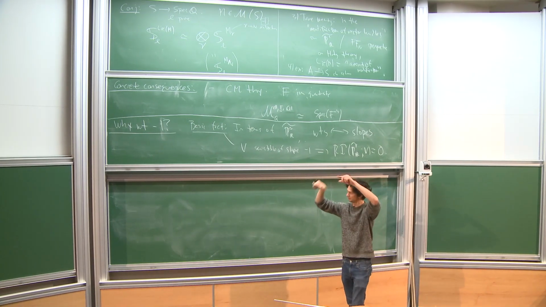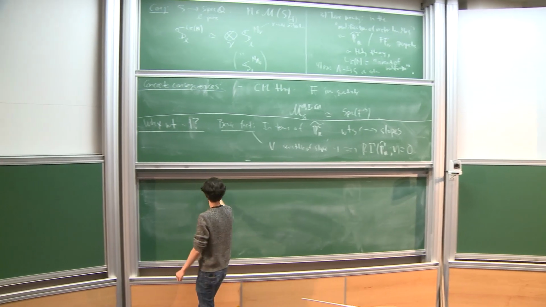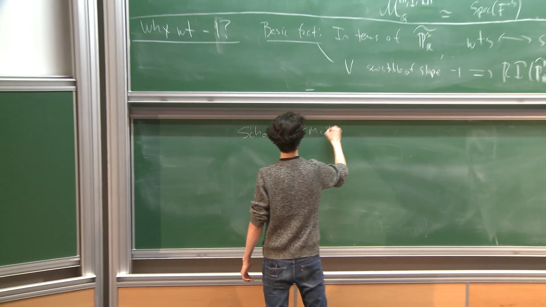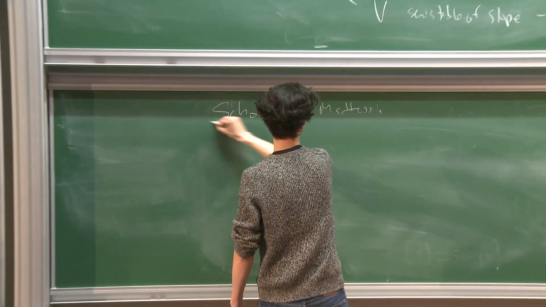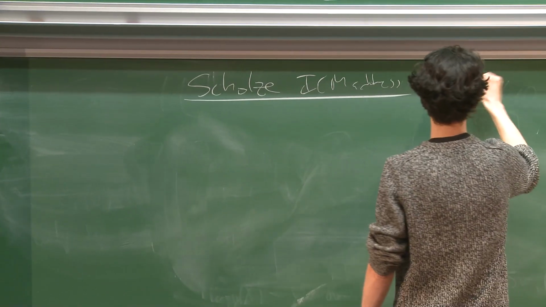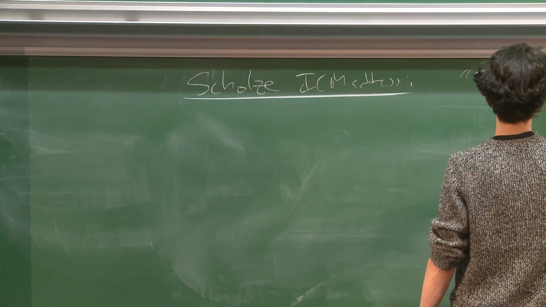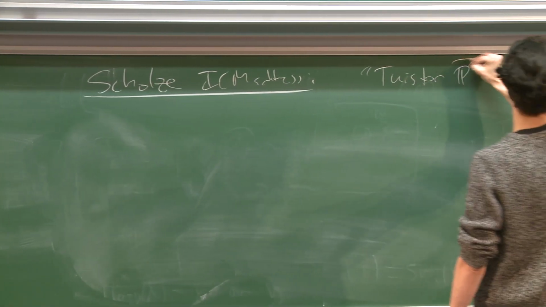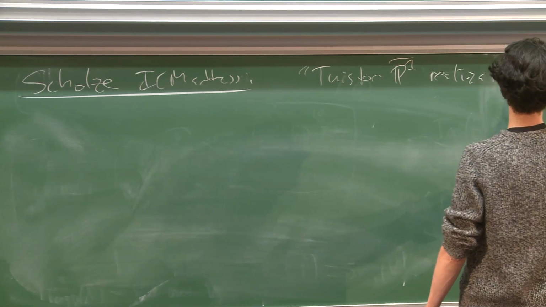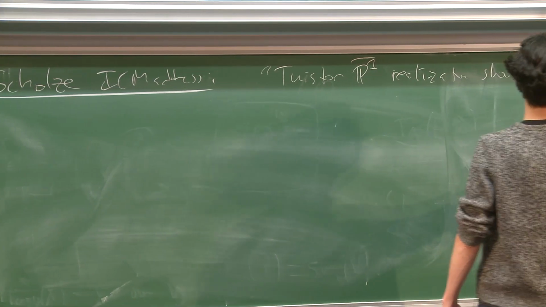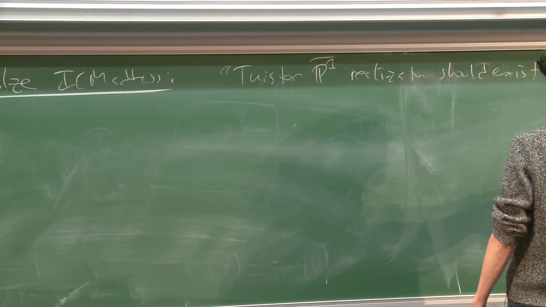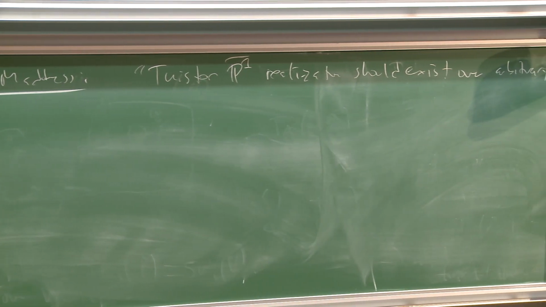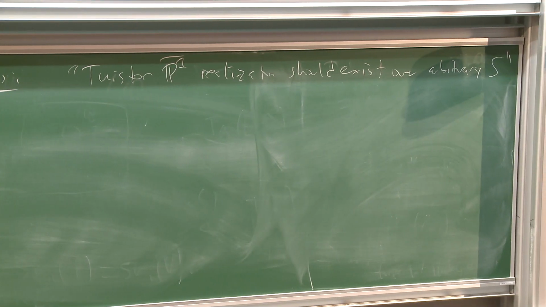The contribution at the infinite place should, so this is a suggestion of Scholze in his ICM address, something sort of vague, that the twistor P1 realization should exist over an arbitrary S. So it's a story that comes from Hodge theory, but he says in some sense it should make sense over an arbitrary scheme.